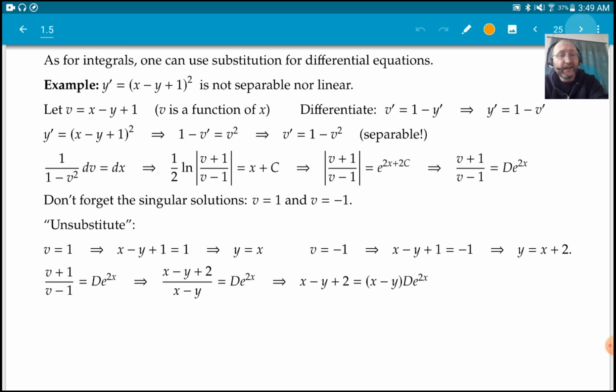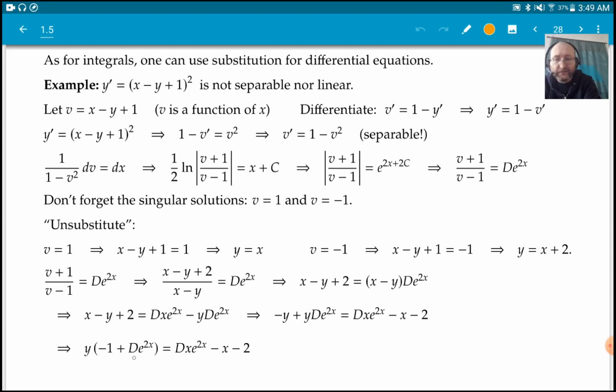Now we can expand this thing and put all the terms with y on one side, so that we can factor out a y. Then we can divide by this guy to solve for y. And so all the other solutions are going to be here.